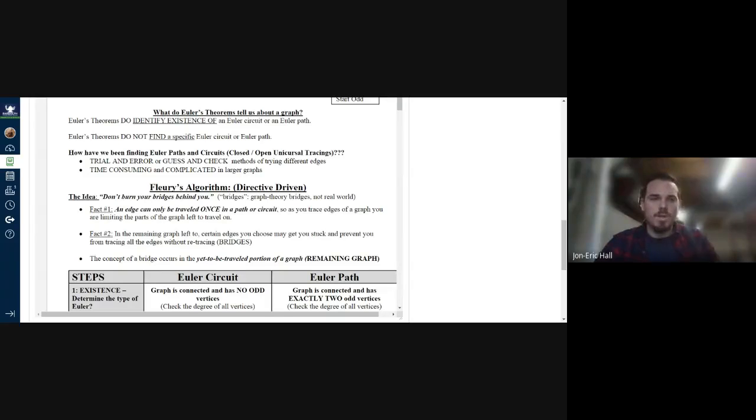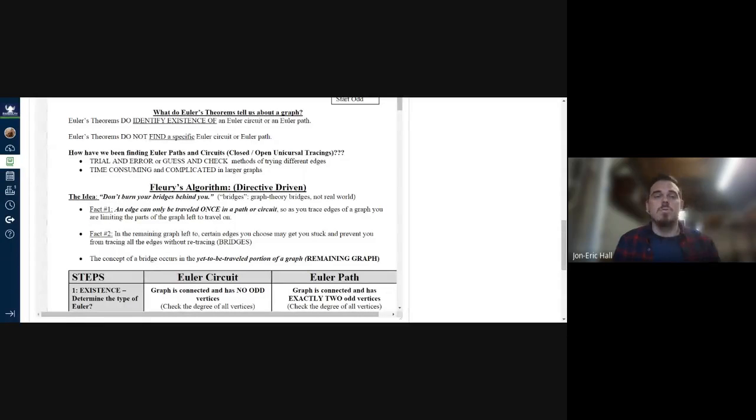So fact number one, an edge can only be traveled once in a Euler path or circuit. As you trace the edges of a graph, you are limiting the parts of the graph that you travel on. As you start to trace, now you've kind of said, well, I can't go that way anymore. You know this, right? You might not have put it in writing, but you know that.